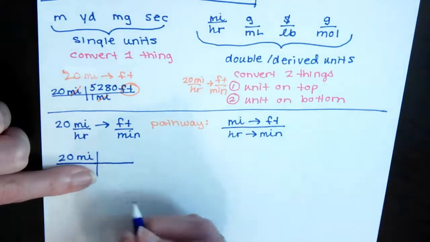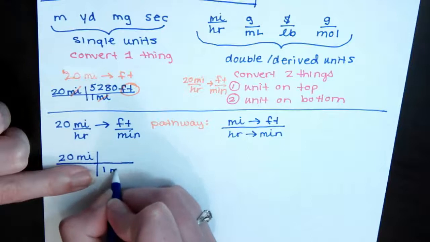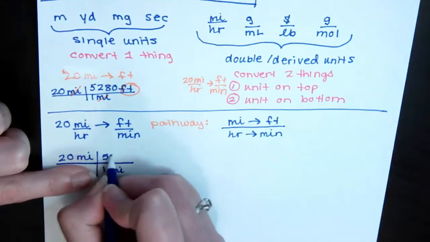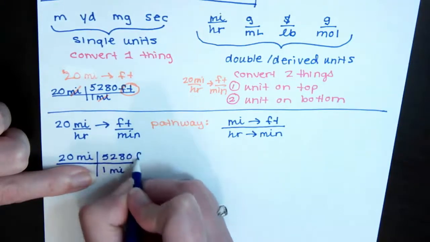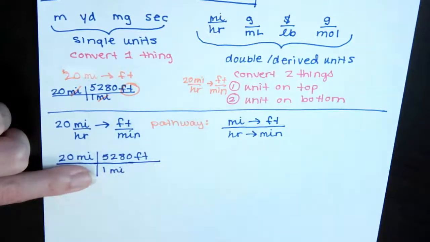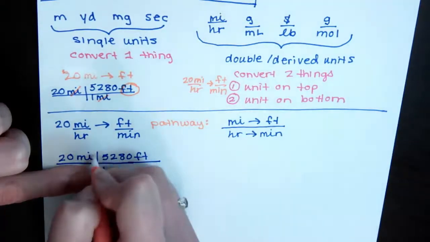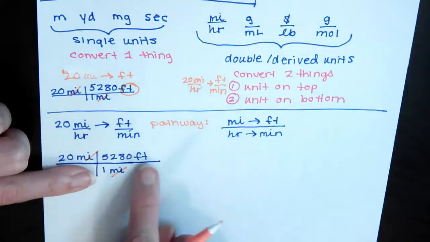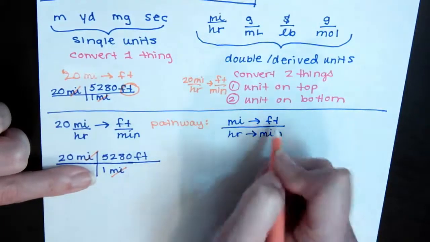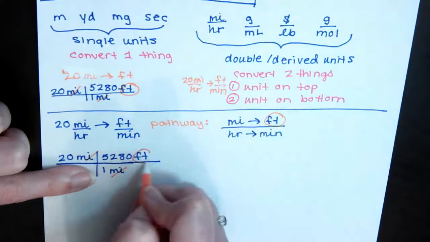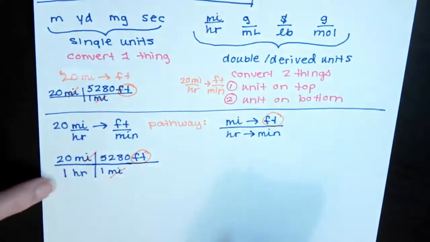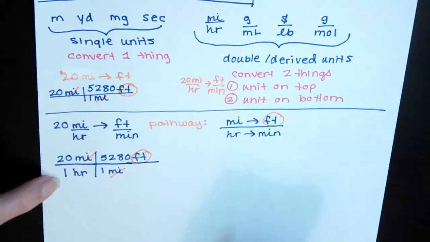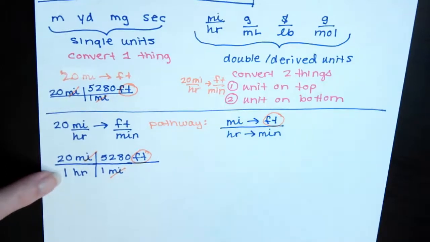Let's convert the top unit first. So I know that 1 mile is 5,280 feet. If I were to stop now, my miles would cancel. People say, oh look, I have feet. I'm all finished. But they forgot that you need to cancel out the bottom unit, convert that as well.